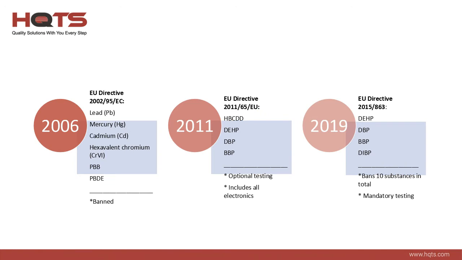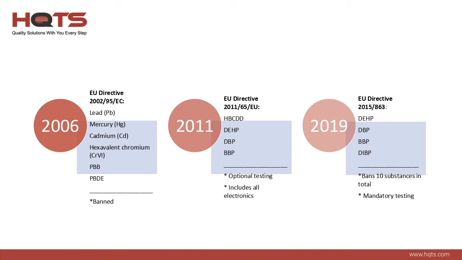This directive also established the CE marking directive, with RoS compliance now required for CE marks on electrical products. It also added categories 8 and 9 for medical devices, monitoring devices, and control instruments, and it provided for additional compliance requirements for these types of products.